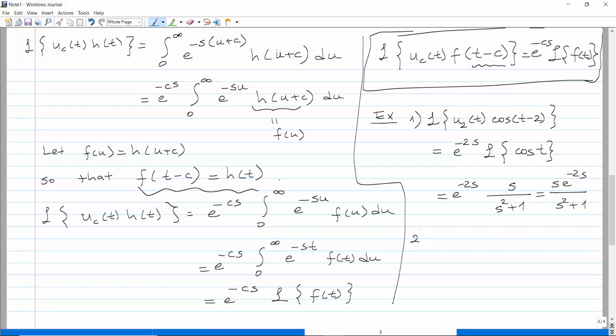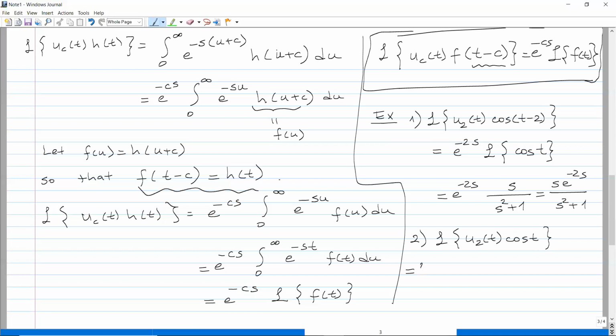You might ask, what if I have, instead of cosine t minus 2, just cosine t? In this case, we cannot use the above formula directly. To use the above formula, we need t minus 2.